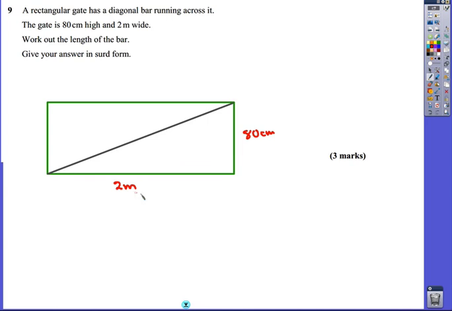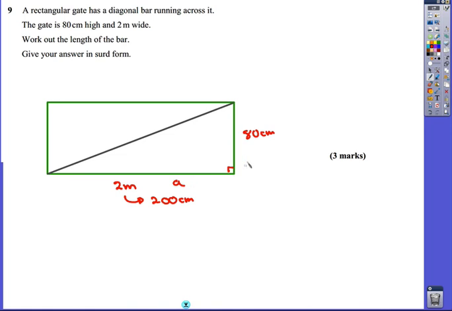Firstly, the units are not the same, so we need to make this into centimeters. So it's going to be 200 centimeters. And we have to work out the length of the bar that goes diagonally across it. This is going to be a right angle there, so we can use Pythagoras' theorem. Really easily, just do the 2 short sides squared and then square root your answer at the end.